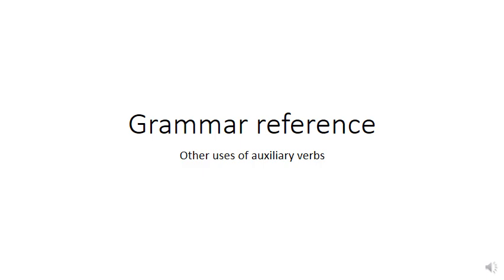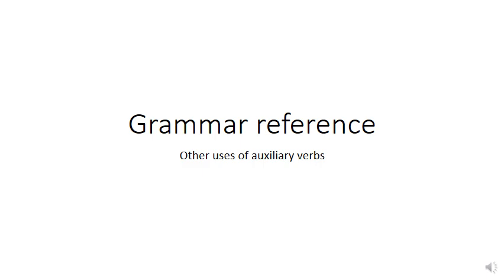Just like, it's cold today. So is here is the auxiliary. So when I want to make the question, I would say isn't it. I use the same auxiliary to make the question tag.